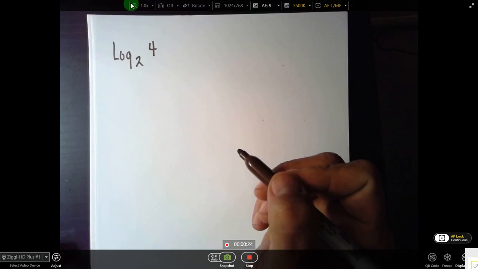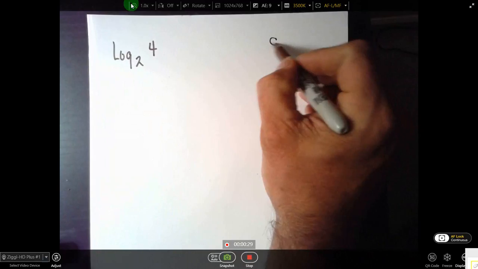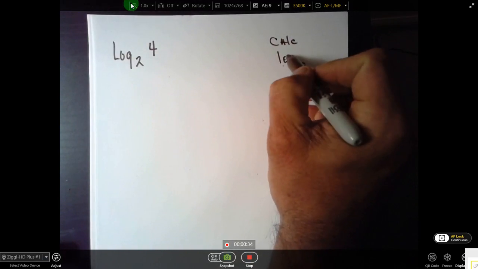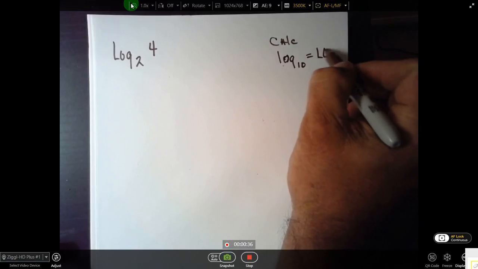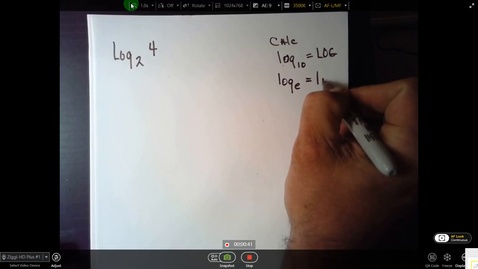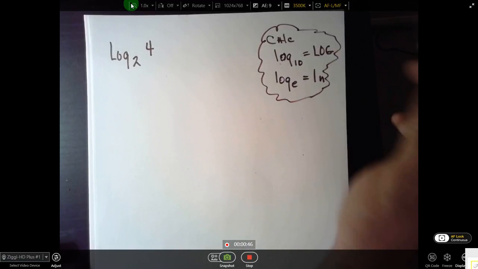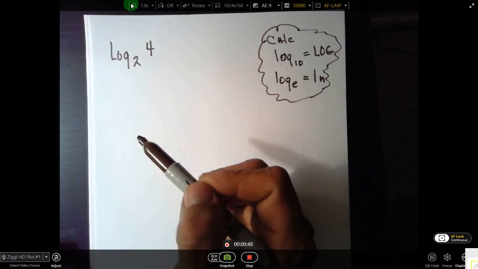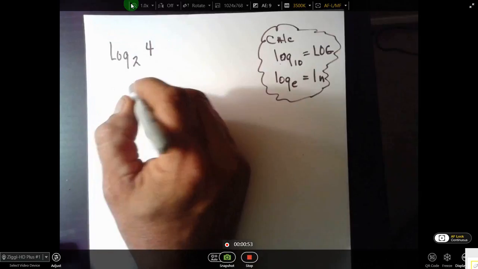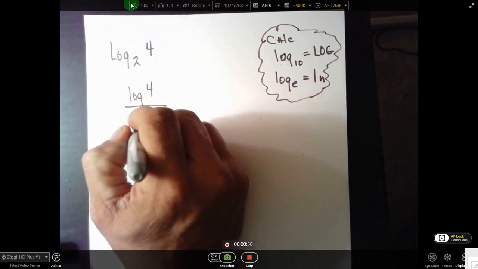There's a thing in math that says we can change the base, because we can only calculate with log base 10, which is the LOG key, or log base E, which is the natural log key. Those are the only two that we can calculate in. So when you get a problem like this, you can't calculate it directly. But there's a thing we use called the change base formula, and that means we can change it, and it would be the log of 4 over the log of 2.